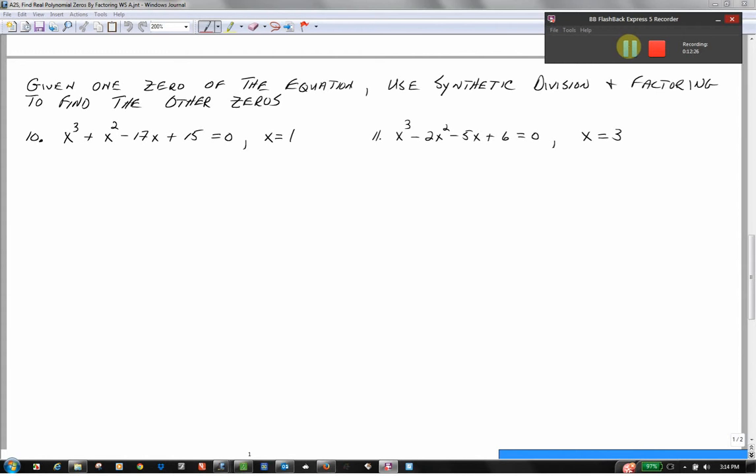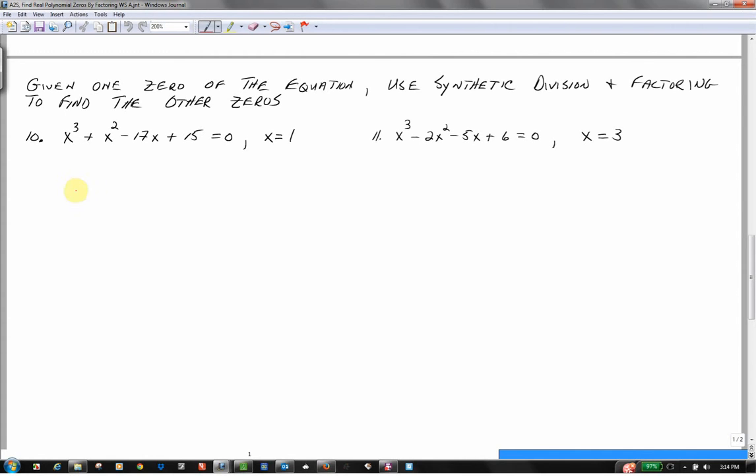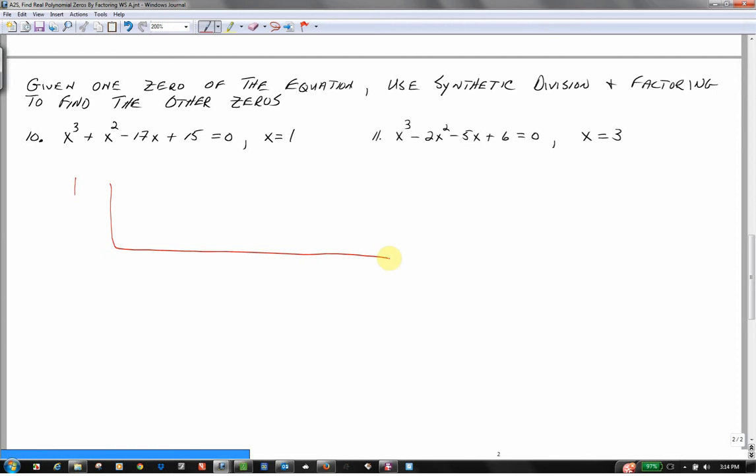If I know one of the zeros is 1, I'm going to set that up outside my synthetic division box. Then, of course, with synthetic division, we pull the coefficients off. The leading coefficient is 1, the coefficient on the x squared is 1, then a negative 17, and a negative 15. And the number I'm going to use outside is the zero they give me, 1.